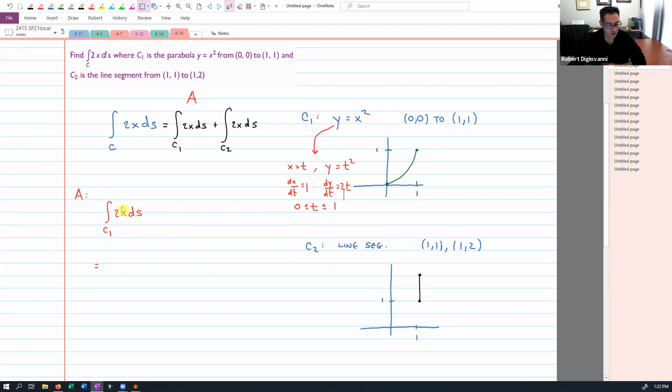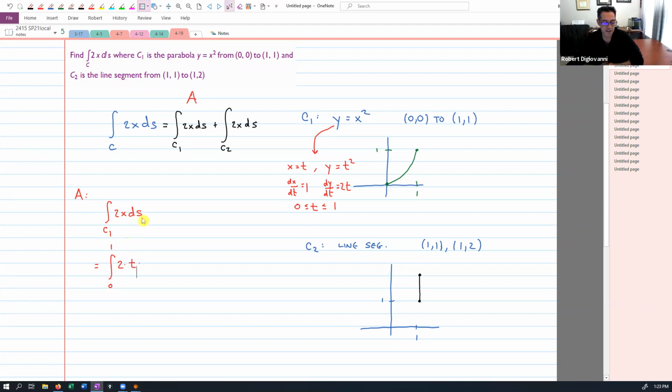And now I'm going to just rewrite this integral. So the integral should go from 0 to 1, and then 2 times what? x, but x is t, right? So this is just going to be t.